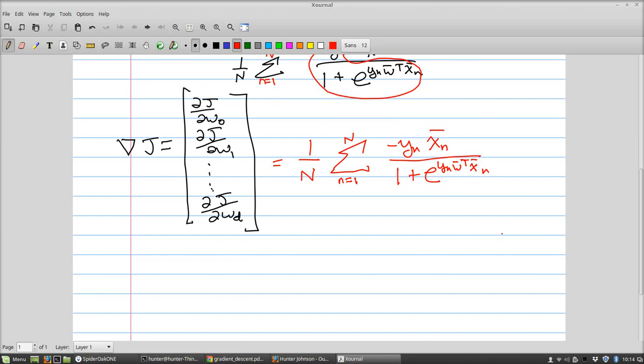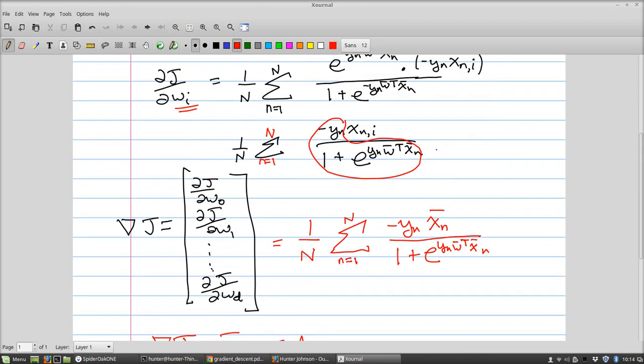Now we have the problem of how do you minimize any function? You take its gradient and set it equal to the 0 vector and then solve. So we could set each one of these equal to 0 and then try to solve that equation for w.